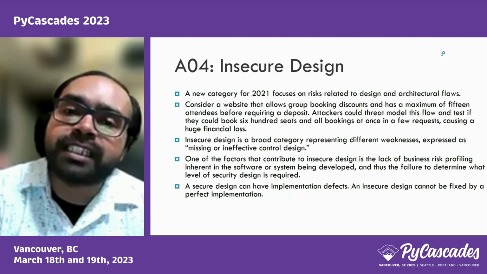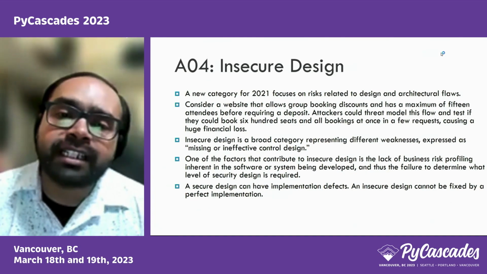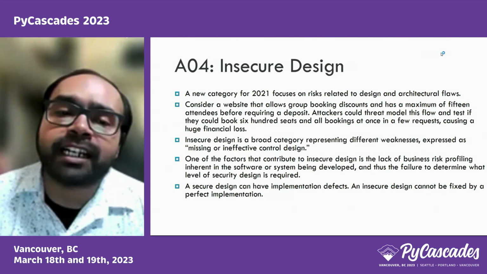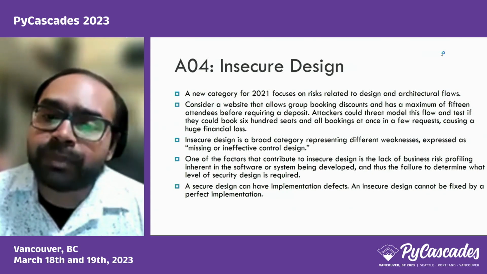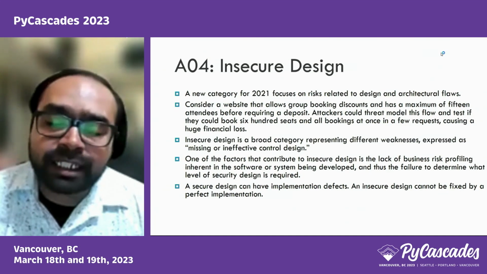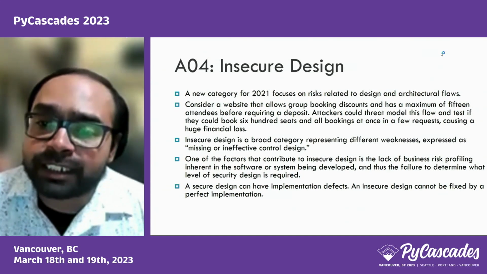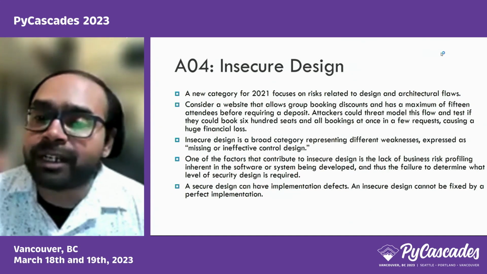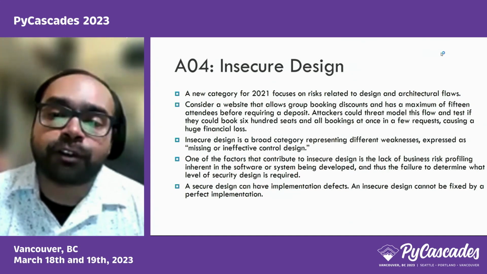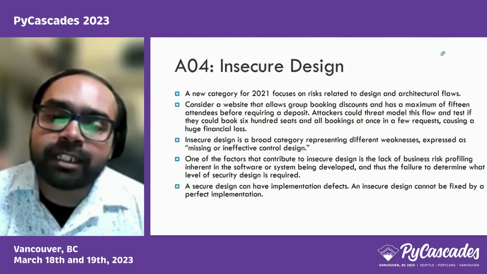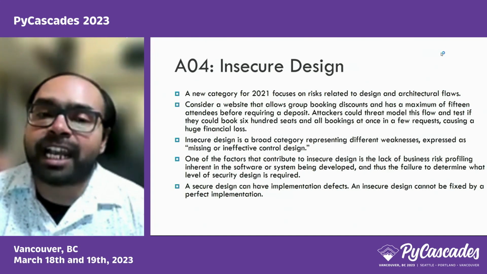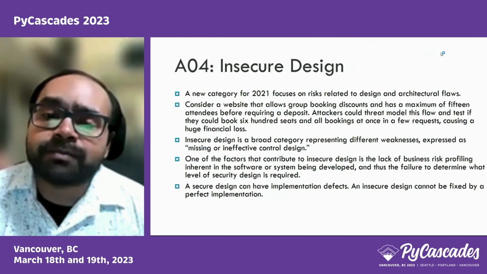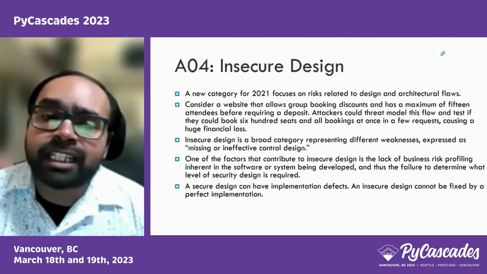Now, the fourth one is insecure design. It's a new category for 2021, which focuses on the risk related to design and architectural flaws. So basically, your design should be foolproof. It should be fault proof. There should not be any fundamental flaws or security related flaws in the design. Otherwise, hackers can exploit these vulnerabilities, and they can achieve their goals.